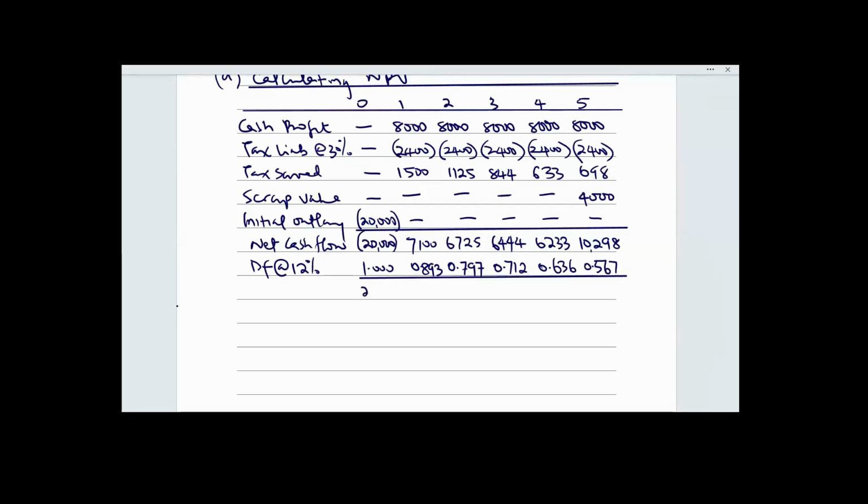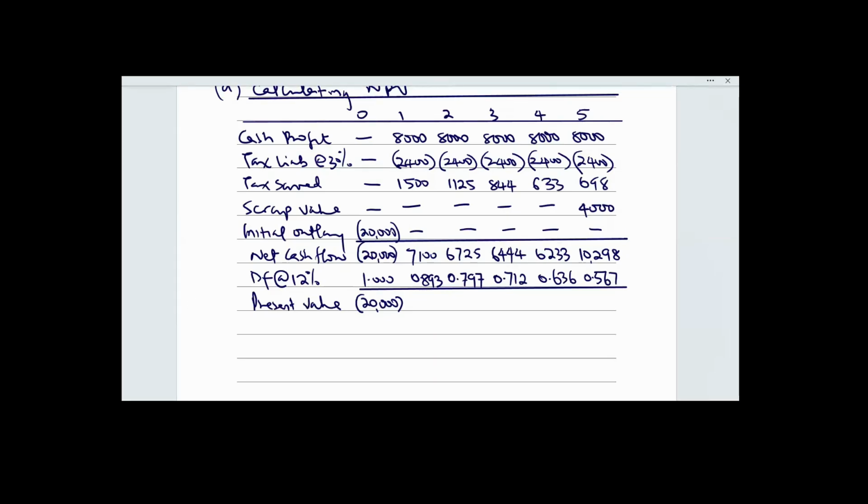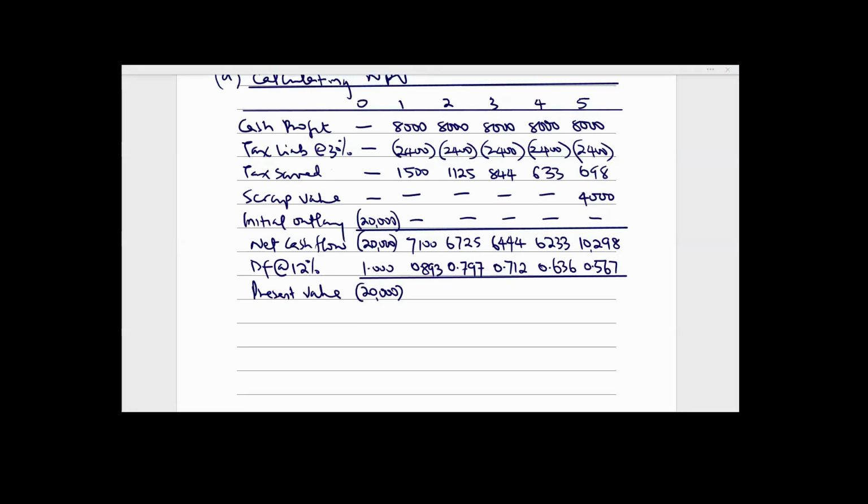So we then get the present value for each year. Let me do year 5: 10,298 multiplied by 0.567 is 5,839.